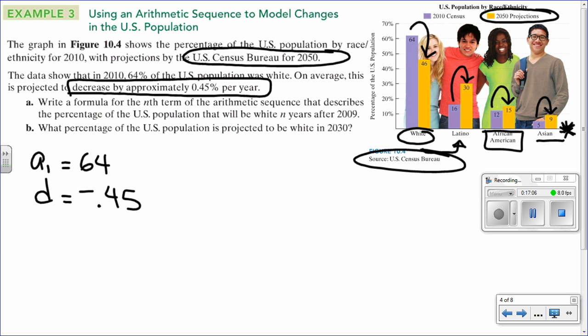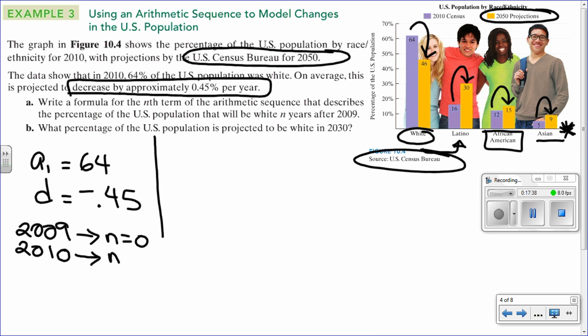No. Okay. All right, so we're going to write a formula to describe that arithmetic sequence, and then we're going to consider the year 2009 to be n equals 0. So then the year 2010 is going to be n equals 1, a year after 2009.